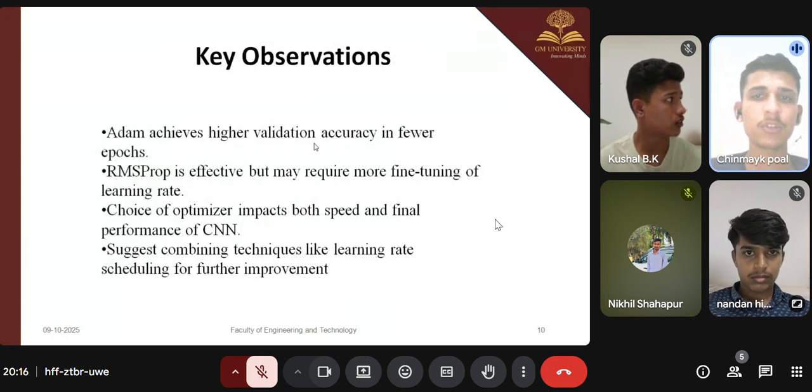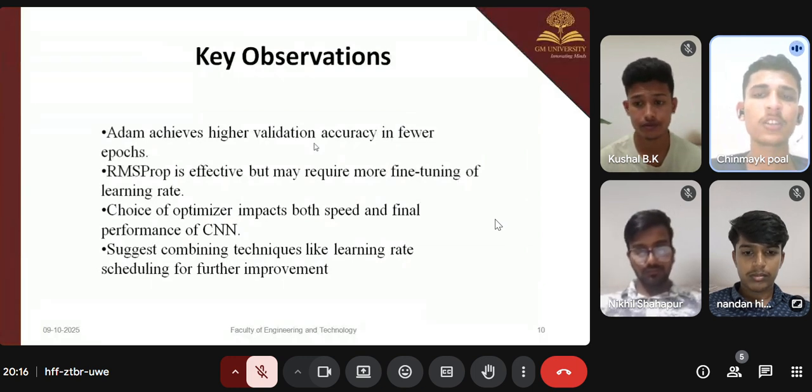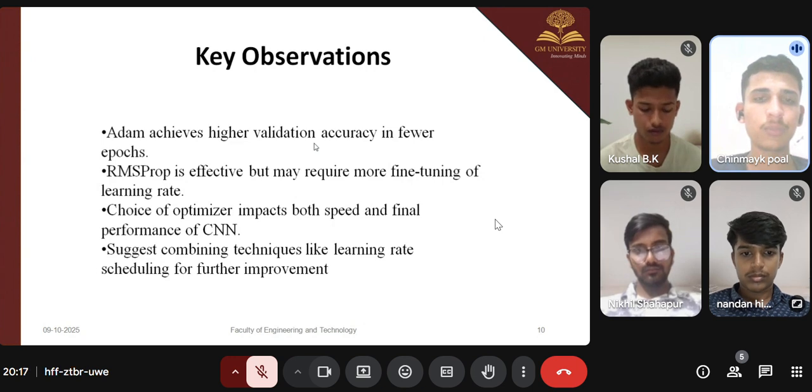In the next slide, key observations. Adam achieves higher validation accuracy in fewer epochs, and RMSProp is effective but may require more fine-tuning of the learning rate. The choice of optimizer impacts both speed and final performance of the CNN. It suggests combining techniques like learning rate scheduling for further improvements.